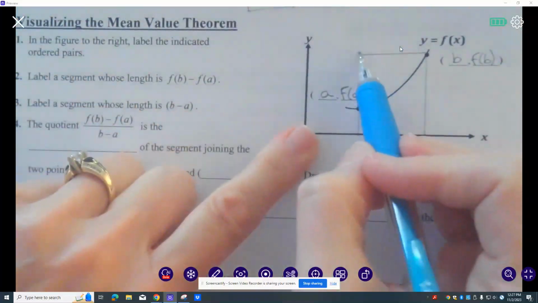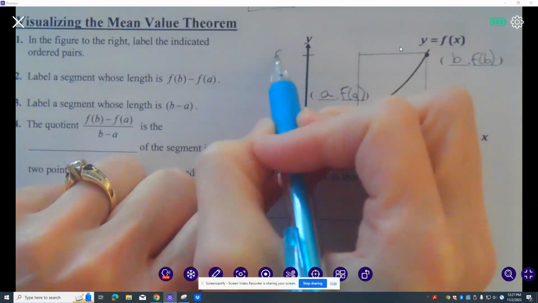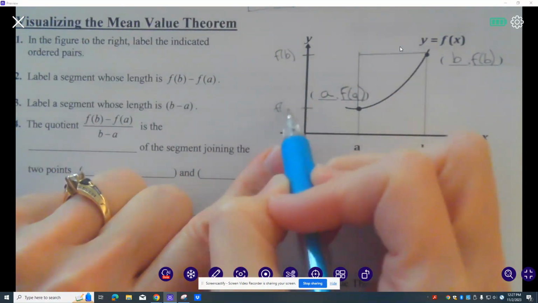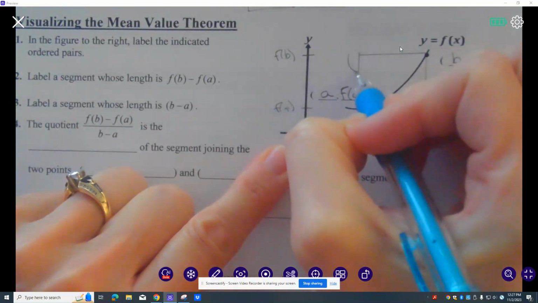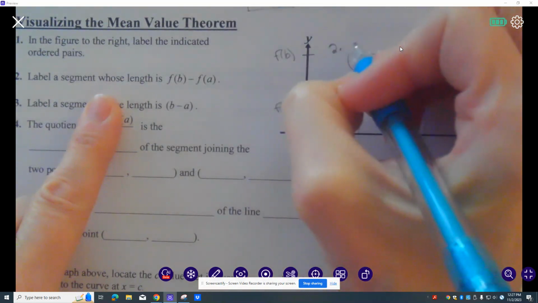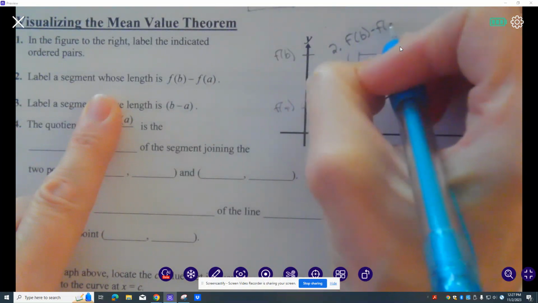Okay, so the top of this is at f of b, and the bottom is over here at f of a. So this segment right here is what they're asking for in number 2. The length of that is f of b minus f of a.